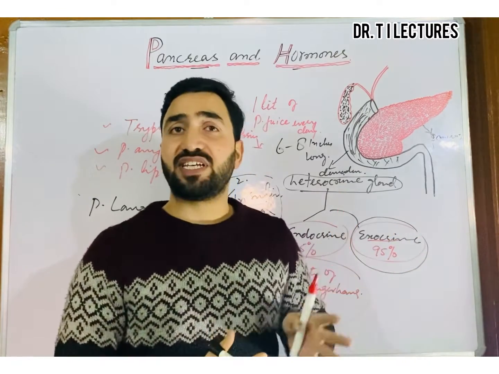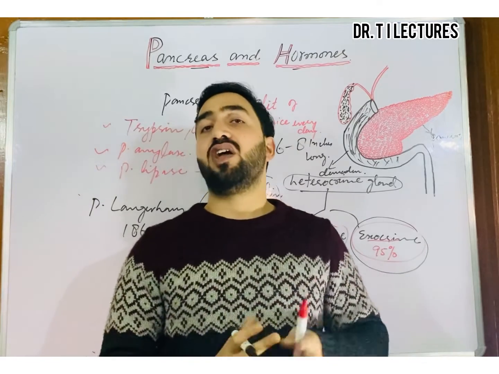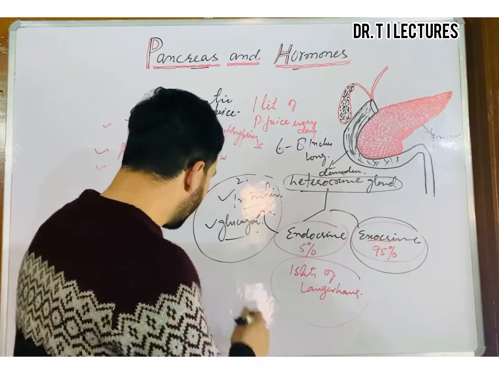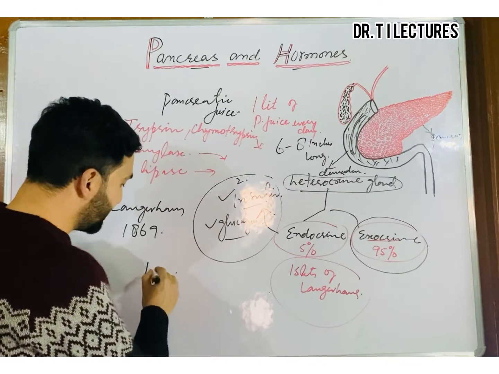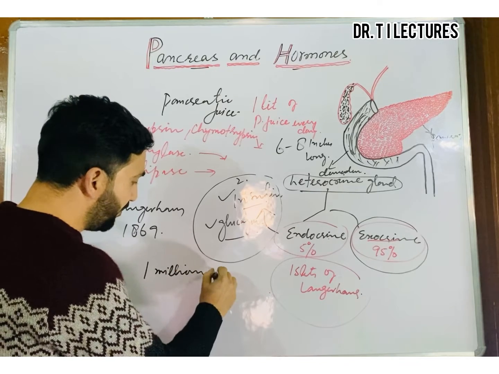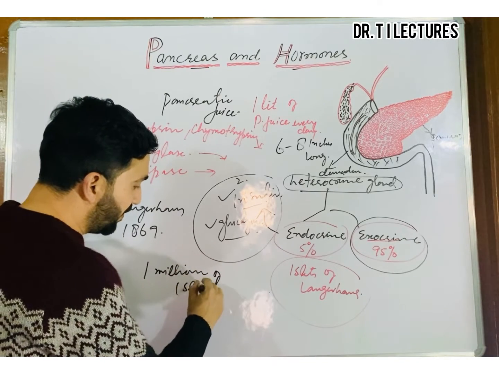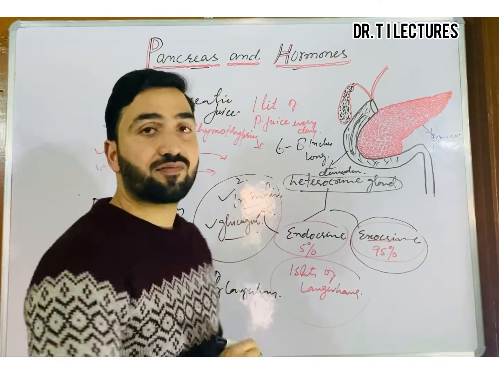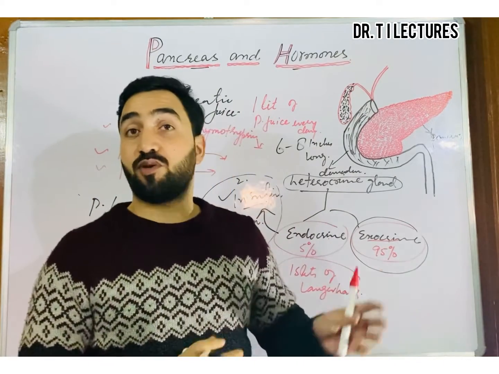The normal pancreas contains about 1 million islets of Langerhans. That's very important. You got my point?